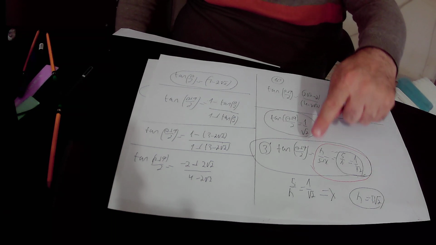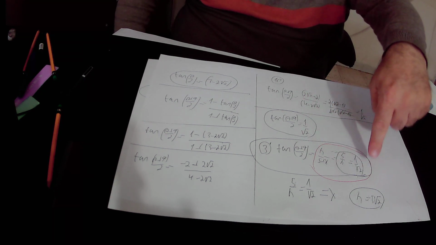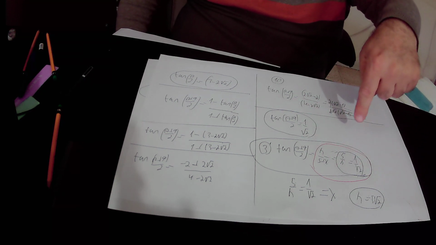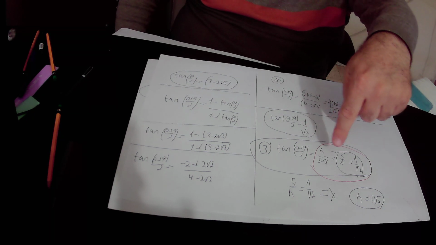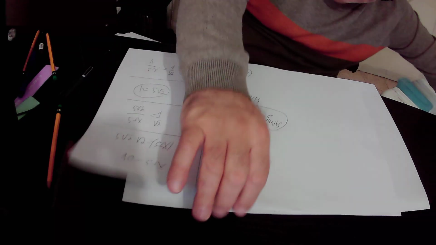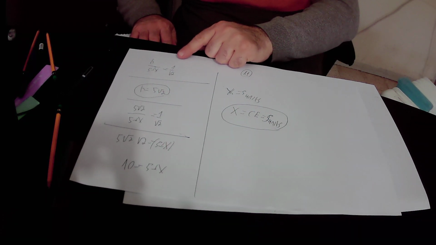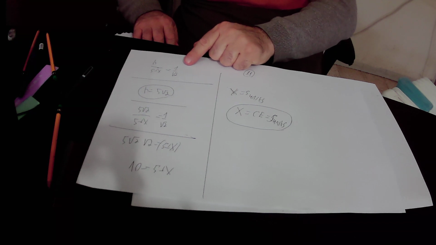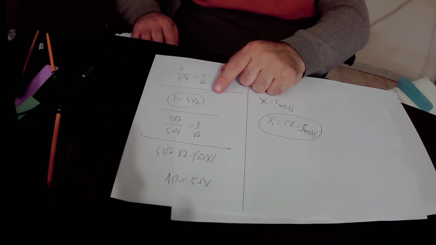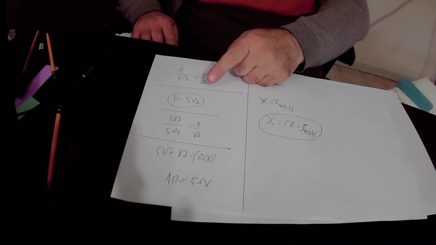Then we created the second equation, the line in the red color: h over 5 plus x equals 1 over square root of 2. We already found out that h equals 5 times square root of 2, so we can substitute h by 5 times square root of 2.